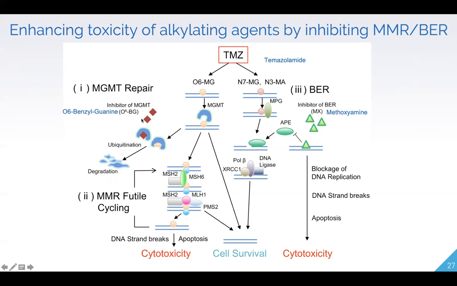So an example of that drug will be O6-benzylguanine. This is a drug that will then degrade the MGMT, and if you don't have MGMT, cells depend on repairing these guys through the mismatch repair pathway, and in its absence, in the absence of MGMT, cells will become sensitized to this lesion.